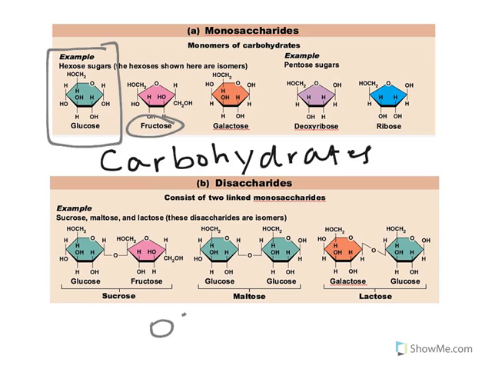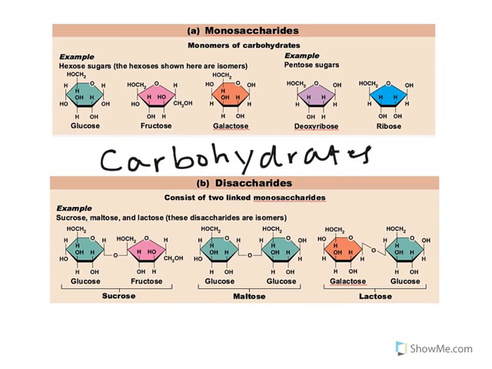Remember when you see ose as a suffix on the end of something, it's going to mean sugar. So you see ose, ose, ose. These are all suffixes indicating that the particular compound is a type of sugar. Now, we look at mono meaning singular.